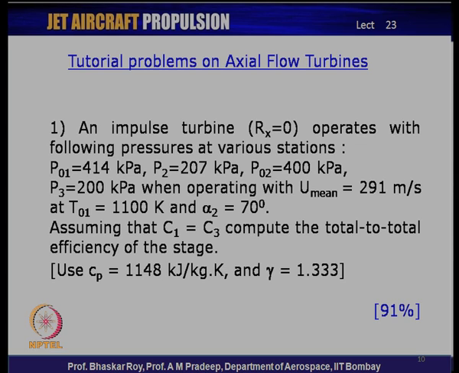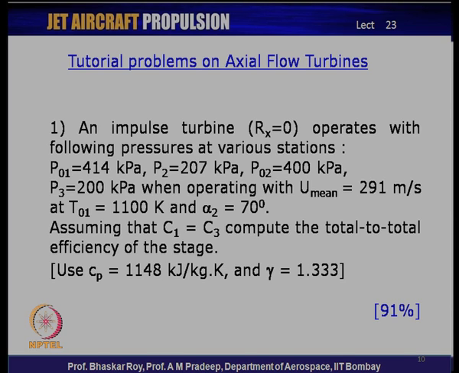What is asked for is to compute the total efficiency of this particular stage. Prescribed are the values of C p and gamma, which are the normal values. The C p is 1.148 kilojoules per kg per K, and gamma is 1.333. So, if you use those numbers, you would probably get an answer close to 91% as efficiency of this stage.